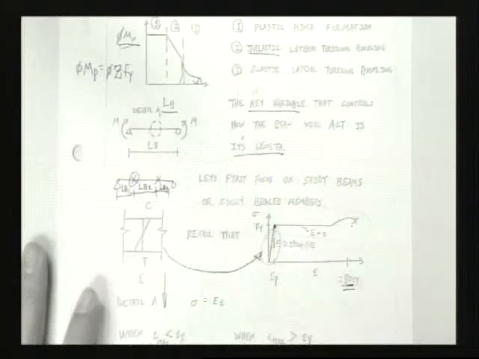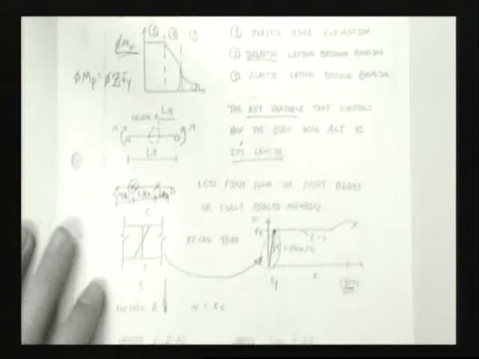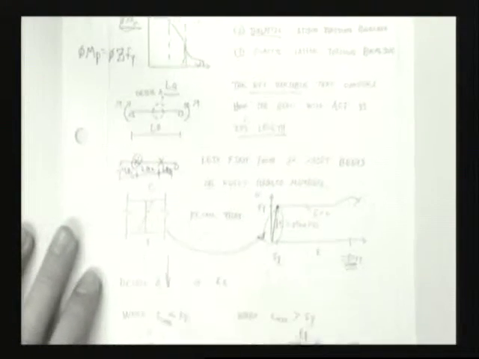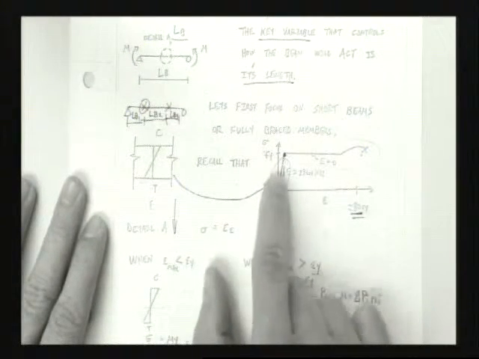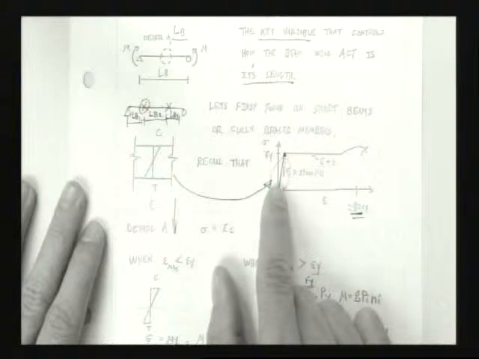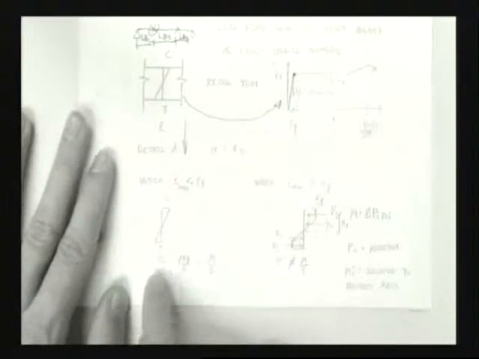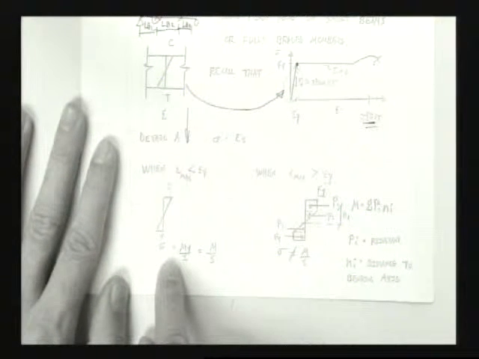Now, when we talk about members and plastic hinge formation, all these notes are basically telling you, remember that when we very first took structural analysis, we were very comfortable with My over I being the stress.